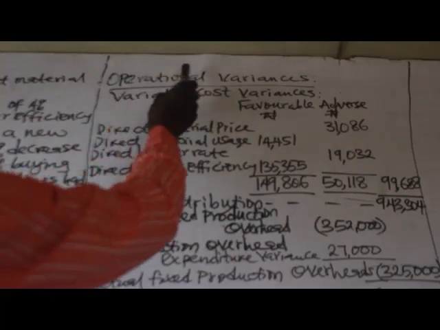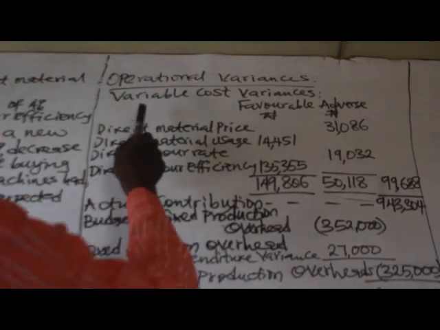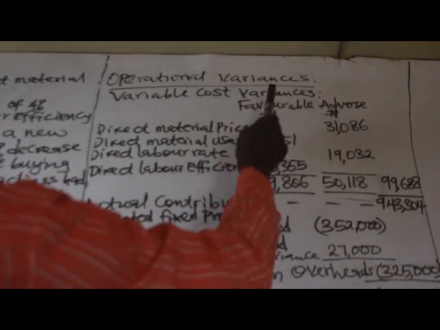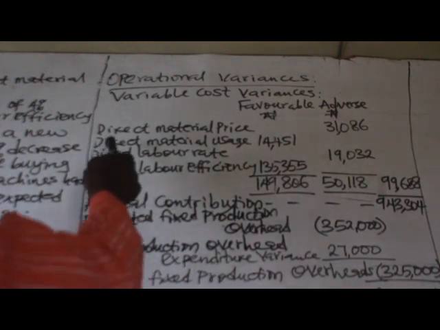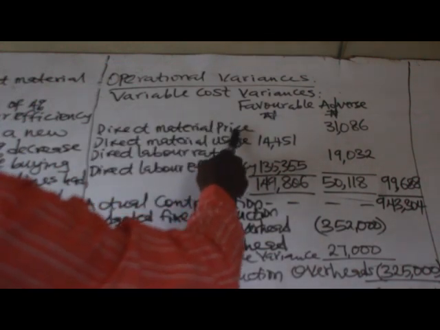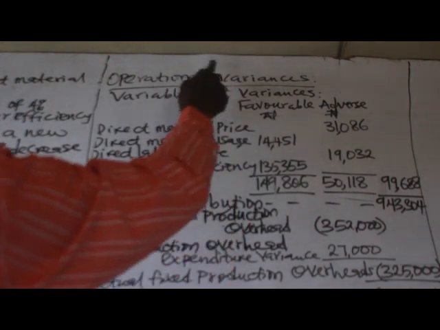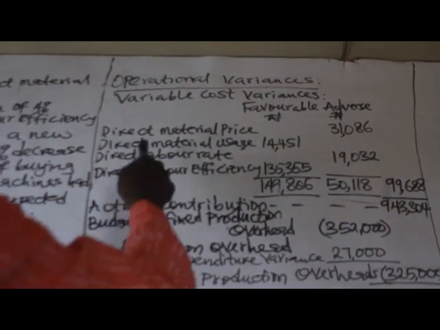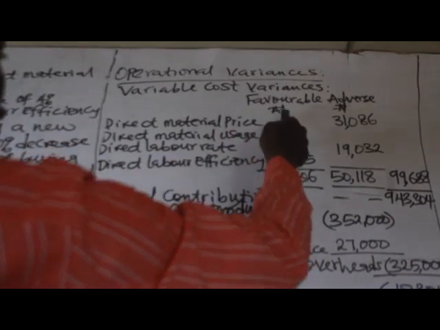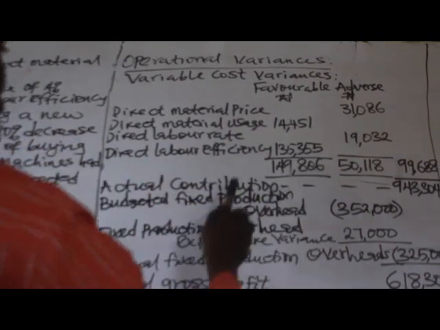Operational variances. We have variable cost variances, favorable variances, and adverse variances. We have direct material price operational variance, 31,086. Direct material usage operational variance 14,451.